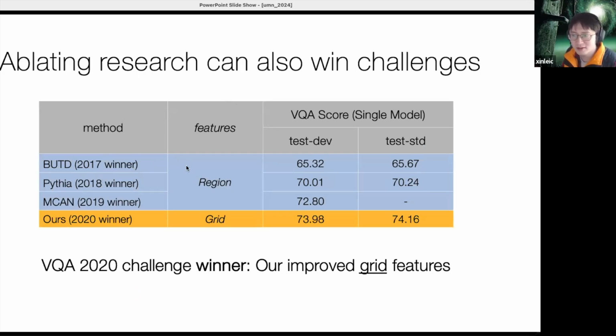So for 3 years, from 2017 to 2019, the region features were dominating. But in our case, we wanted to promote this work, so we participated in the challenge for 2020, and we found that grid features can indeed perform the best, and we won the challenge in the next year with our improved grid features.